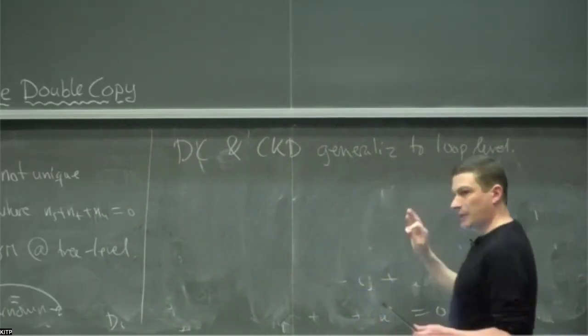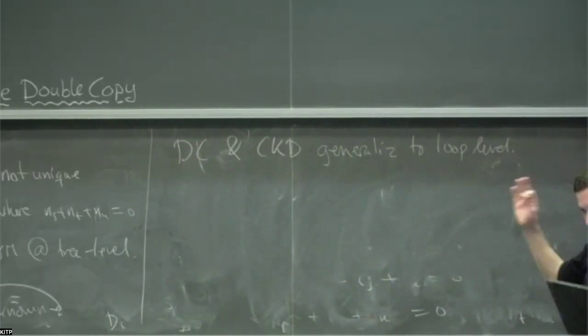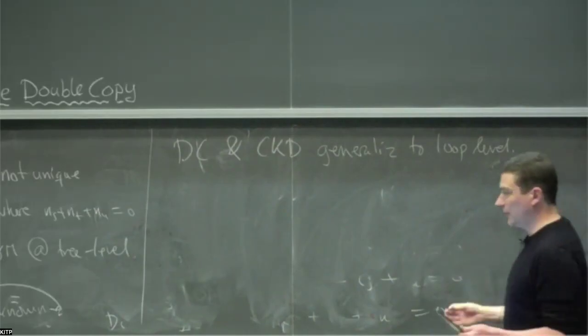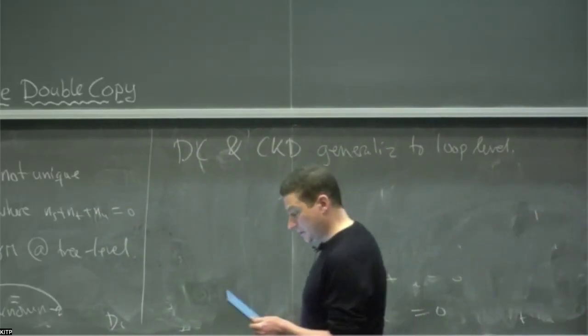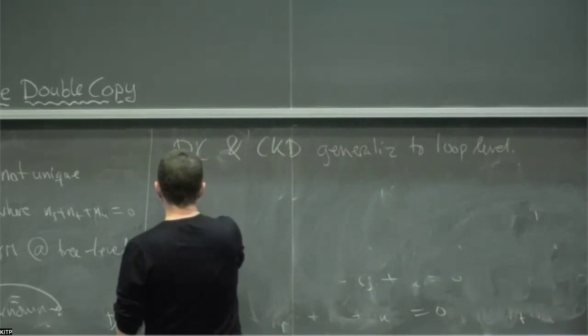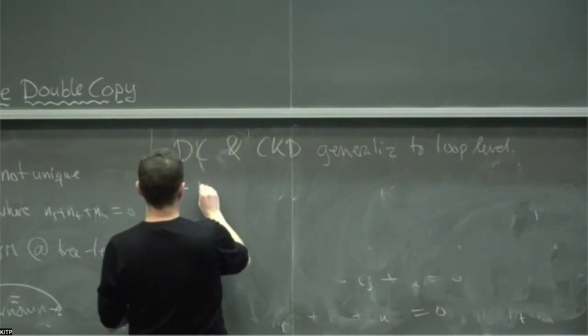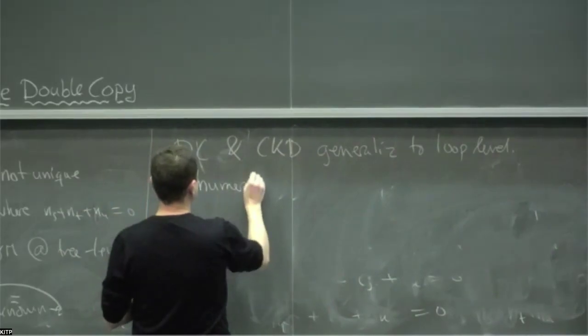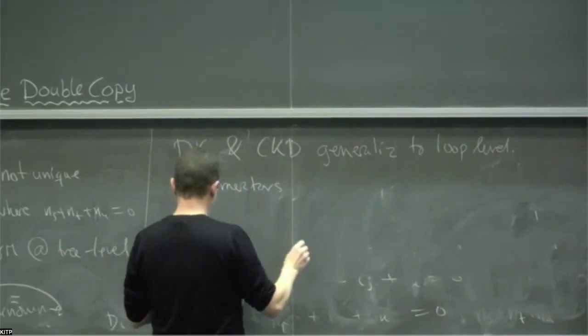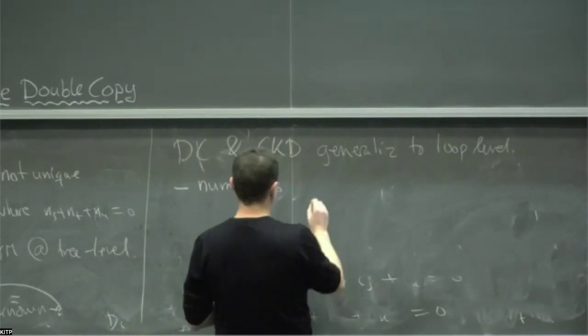I have to be careful here. I mean the rules of the game generalize, so nothing dramatic happens. But the problem is that we don't know the numerators then. So numerators are not known in general.